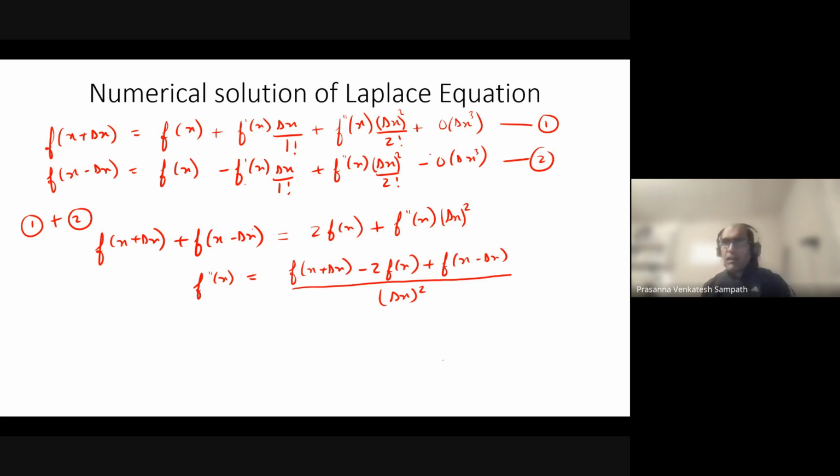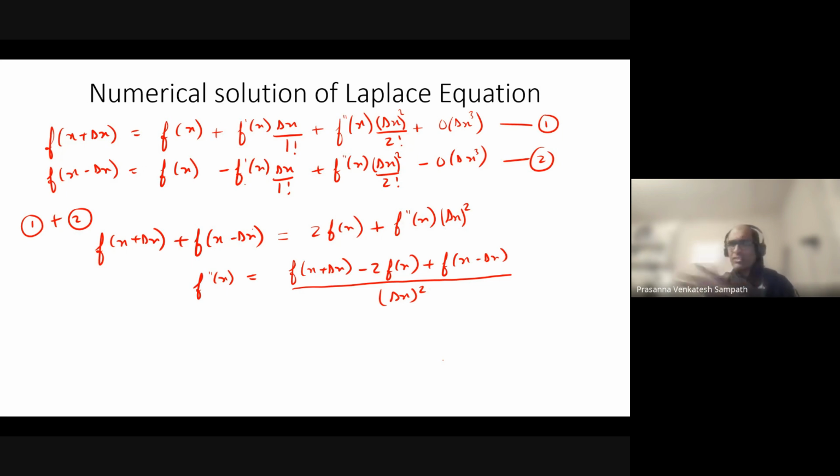Right? How did this 2 factorial and this 2 factorial disappear? 2 factorial is nothing but 2. So I had half plus half, so it became 1. So that's why this term does not have any coefficient. It is simply f''(x) into (Δx) whole square. So when I added the two equations, the Δx² divided by 2 factorial, I added it twice. So the 2 factorial disappeared. It just became 1.